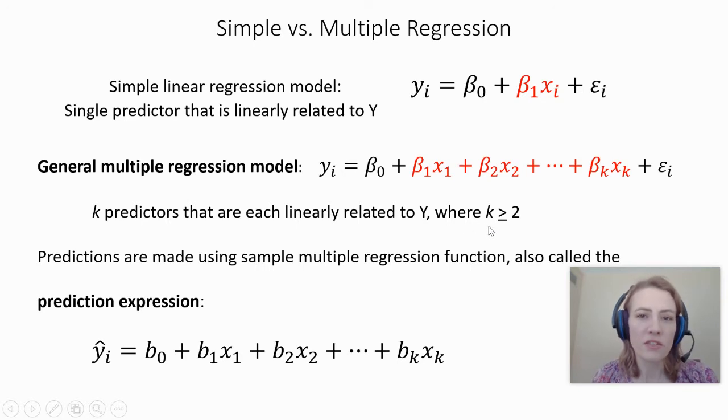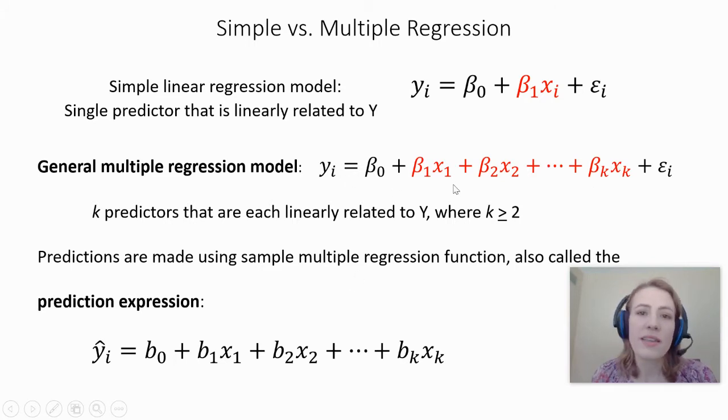So the number of predictors we have, we're going to represent with the lowercase letter k. So this generic expression is saying, keep listing out these beta coefficients with each x variable until you get to the last one. So for the cats, k would be 3 if we used the age, the weight, and the sex.